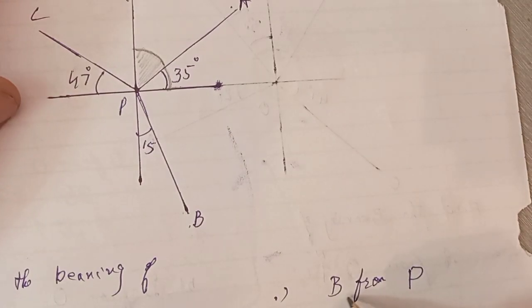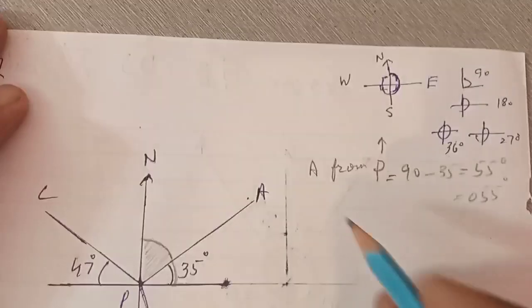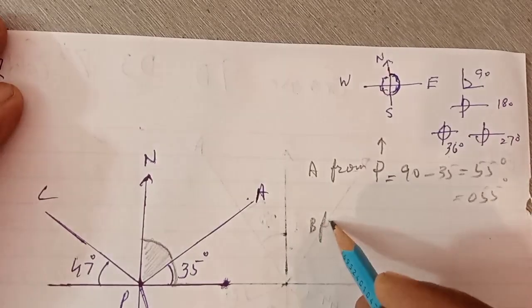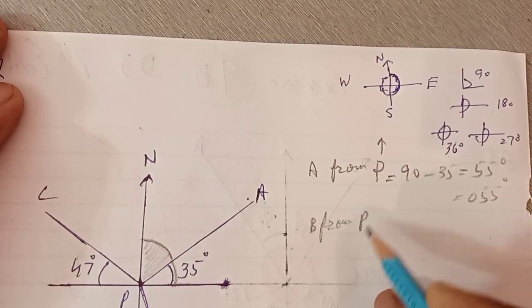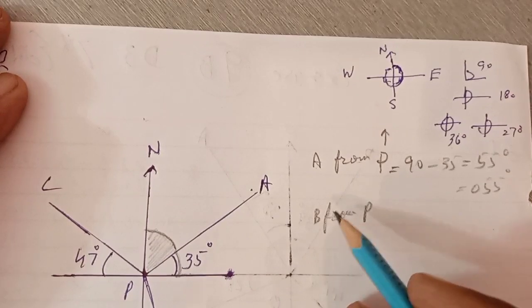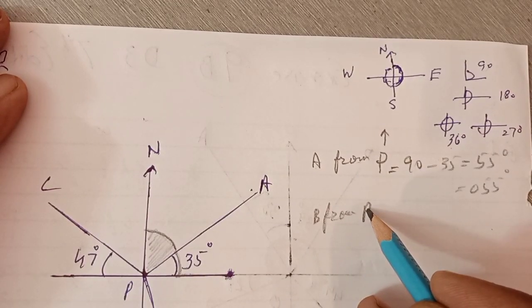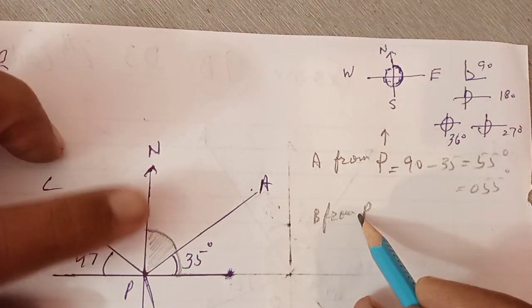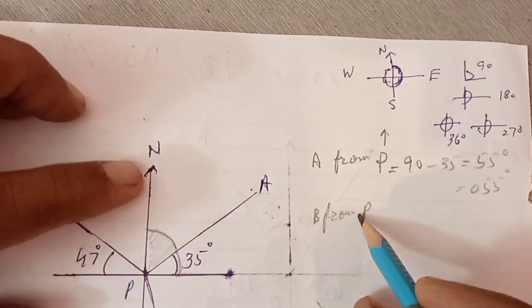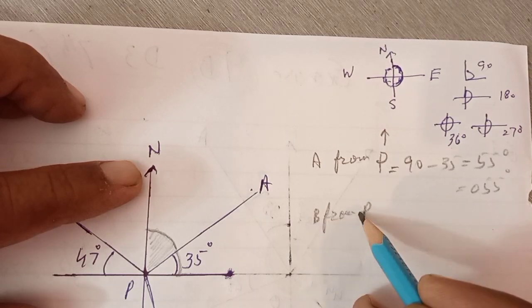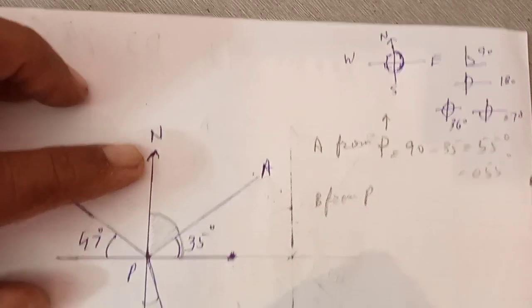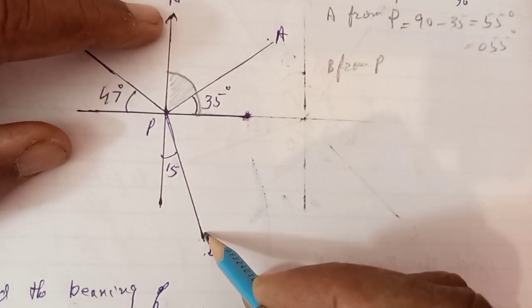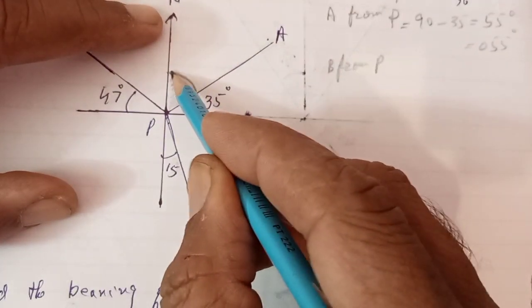Now we move to the next part. Here it is said, bearing of B from P. Look at B from P. So P comes after from, so therefore we take the north at P. So this is north at P. Now move to line BP. This is the BP line. So you have to move from this to this.